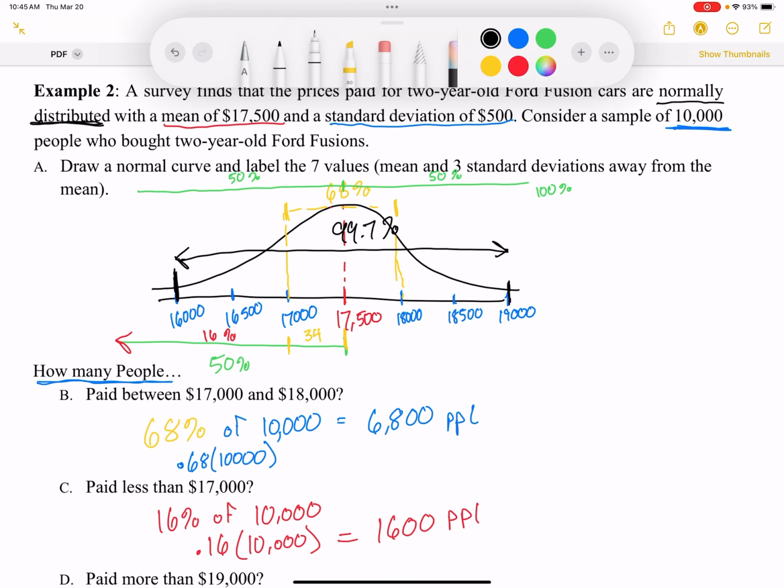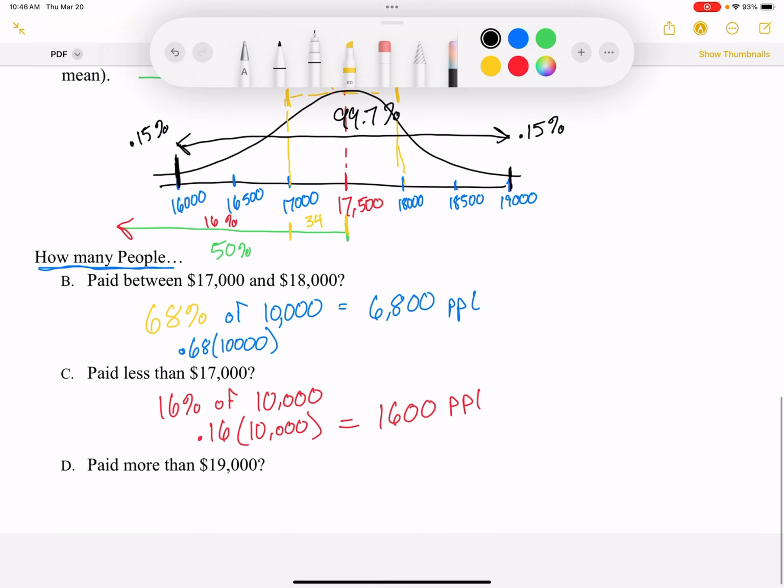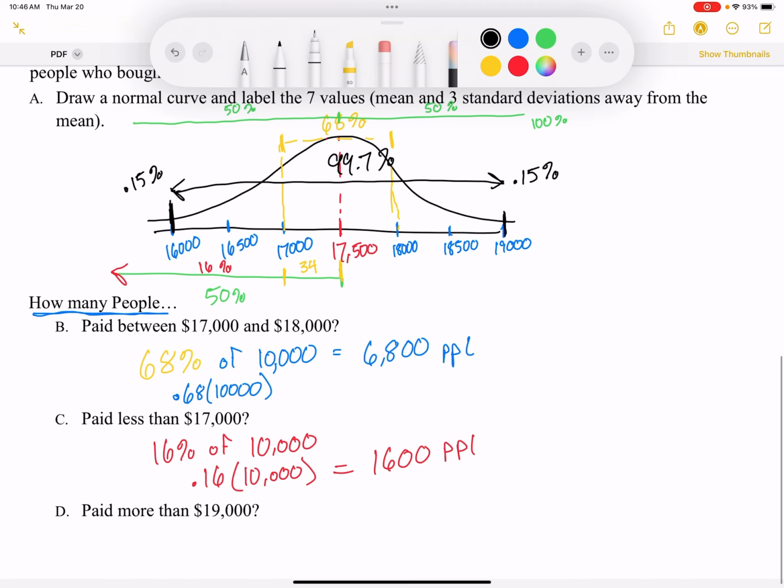So we know all the data is 100%. So there's still 0.3% of the data left over out of 100, right? That means half of that is above 3 standard deviations, and half of it is below. So we have 0.15% above and 0.15% below.